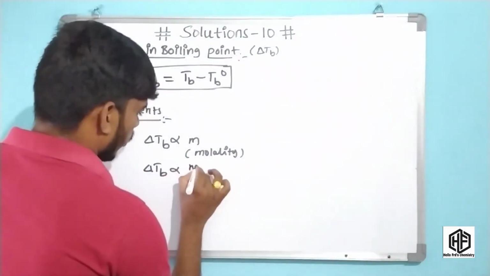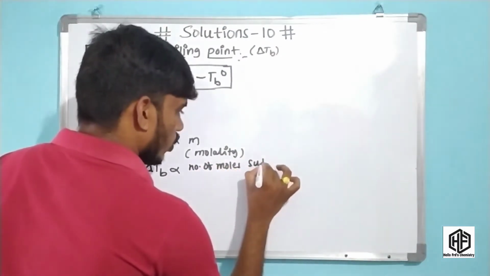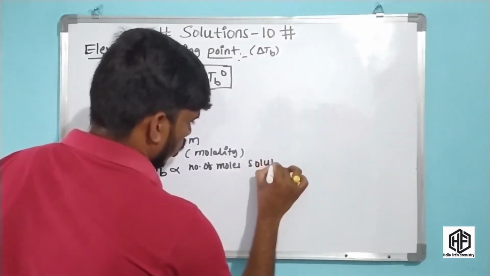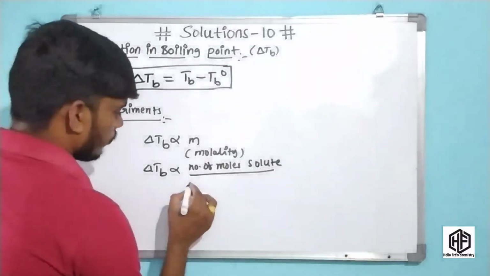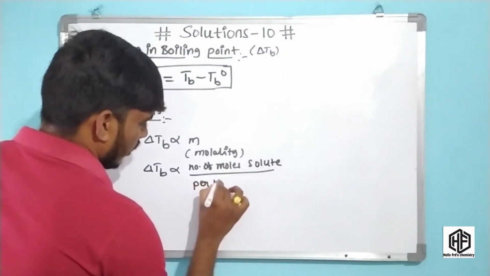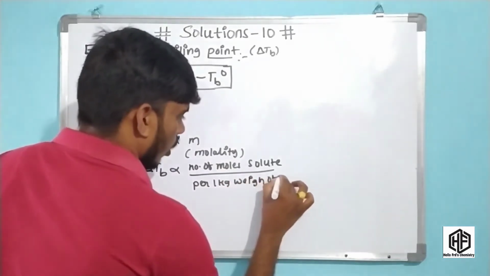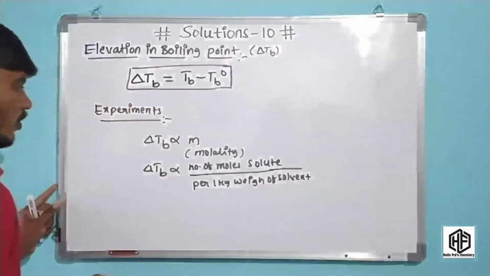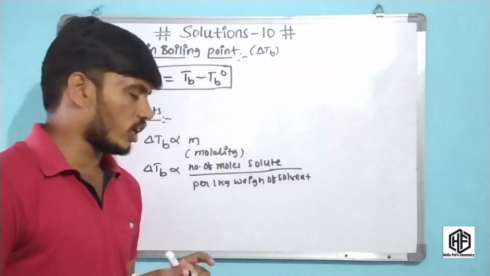Molality is the number of moles of solute per kg weight of solvent. That is called molality.